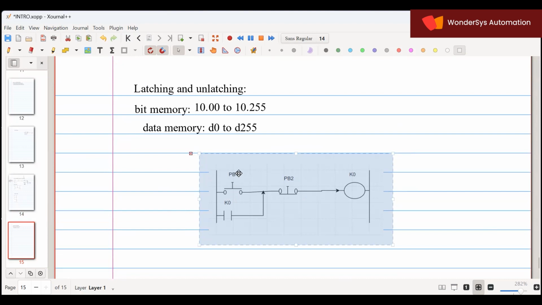Since I'm using a push button, whenever I press, only at that time the output will be on. Whenever I release my finger, the output will be off. If I use a push button to operate a motor, will it be efficient? Will the motor function? No, right?